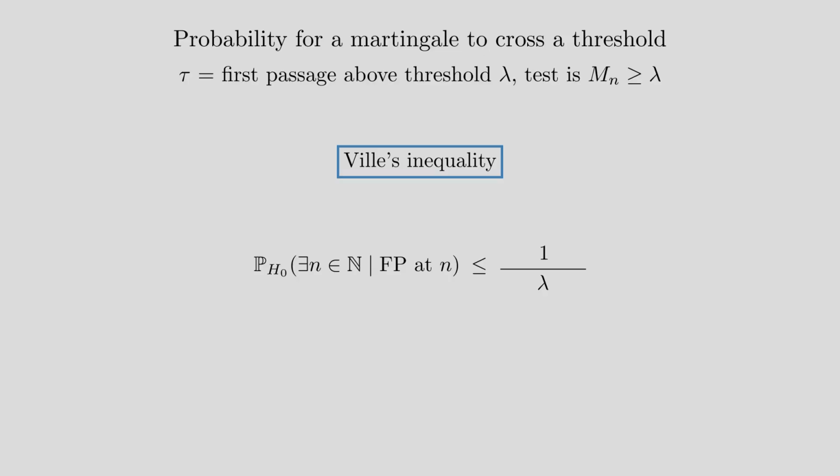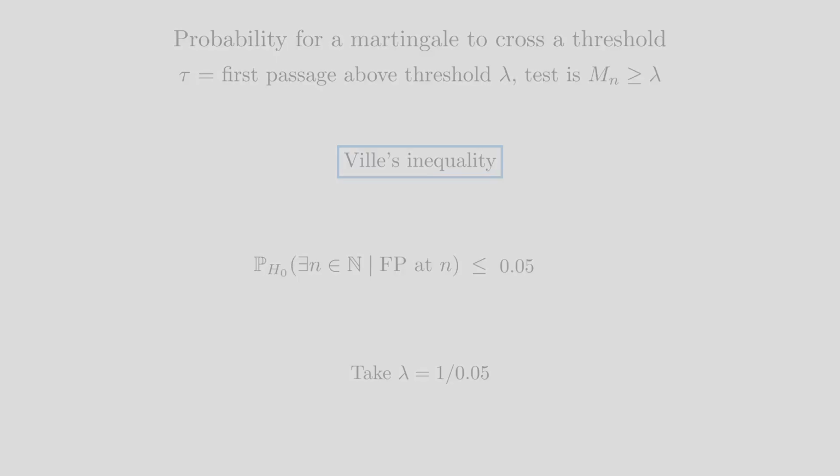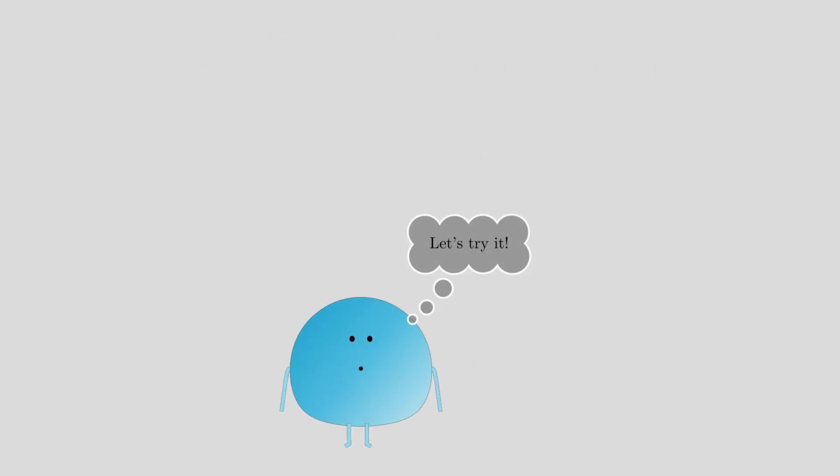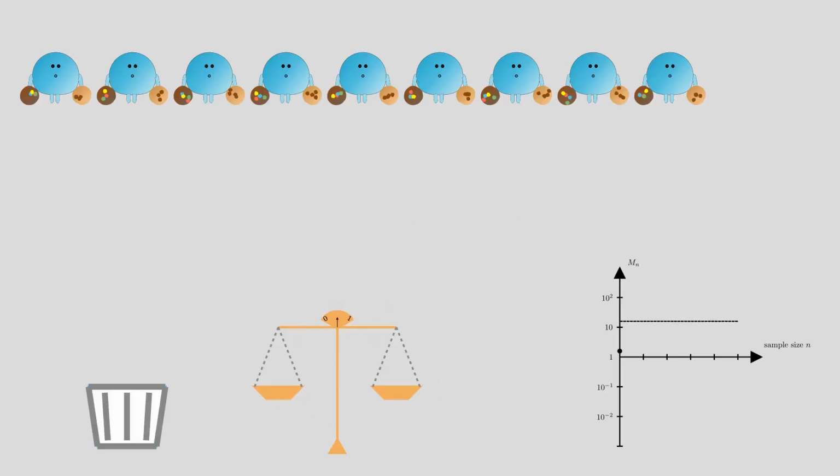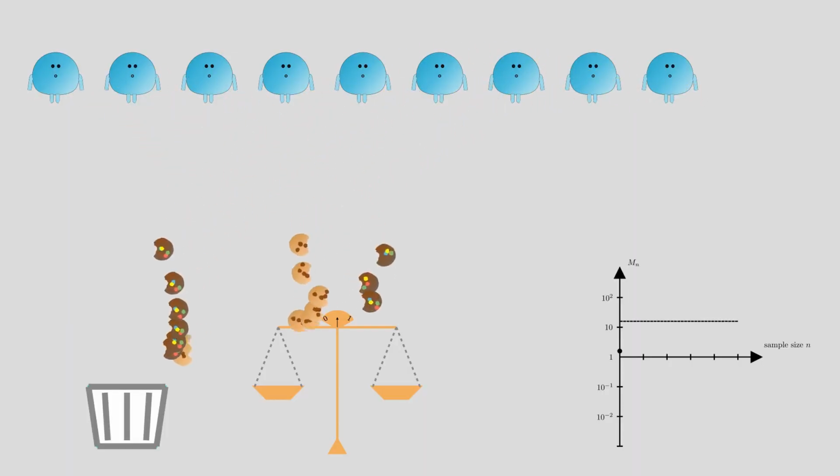So, to have a false positive probability under 5%, we can pick lambda equals 1 over 0.05. Let's try it. Bob will compare the two cookies. He starts with 9 comparisons. He computes his likelihood ratio.